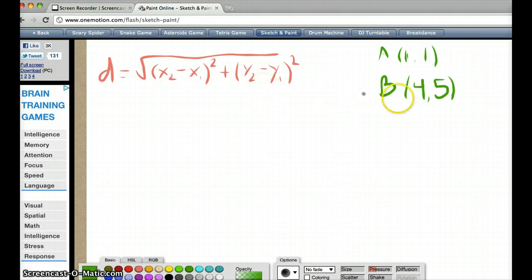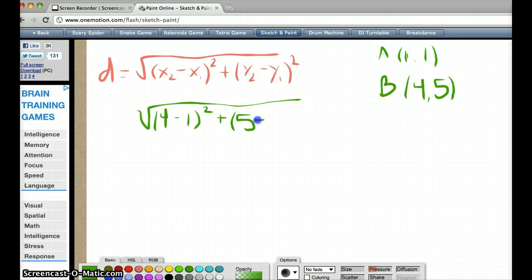So x2 is actually going to be this x2. So it's going to be 4. So the square root of 4 minus x1, which is 1. So minus 1 squared plus y2, which is 5, minus y1, which is 1, minus 1 squared.